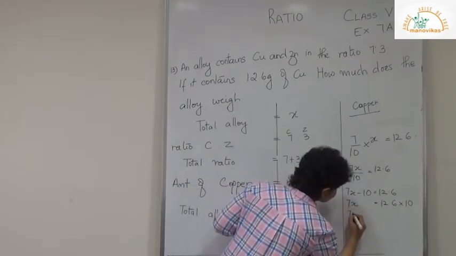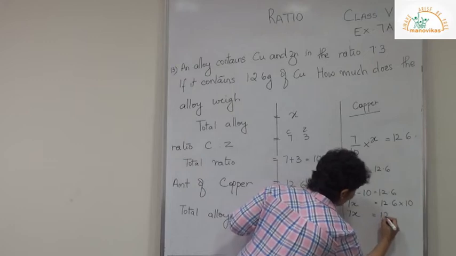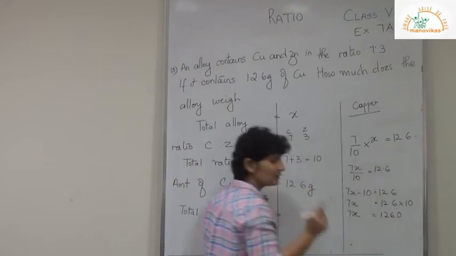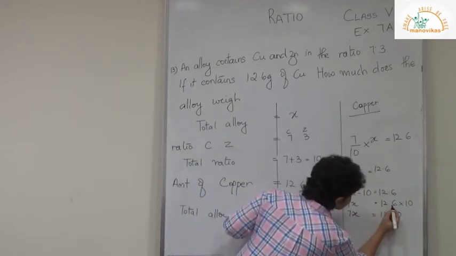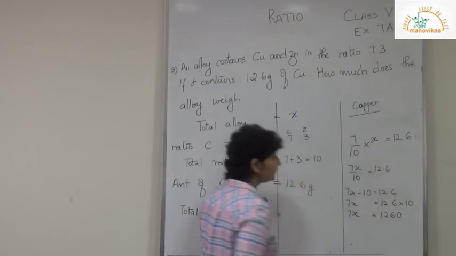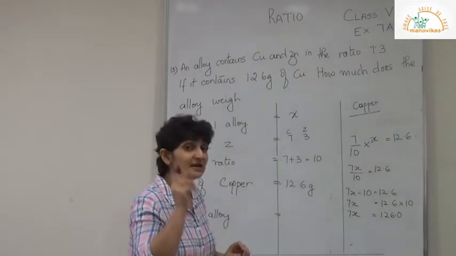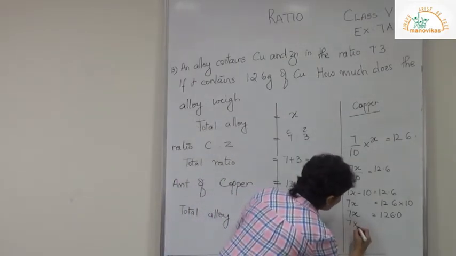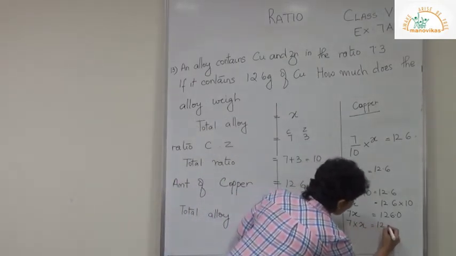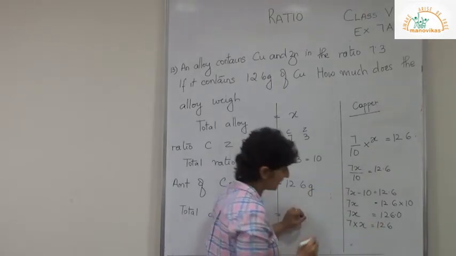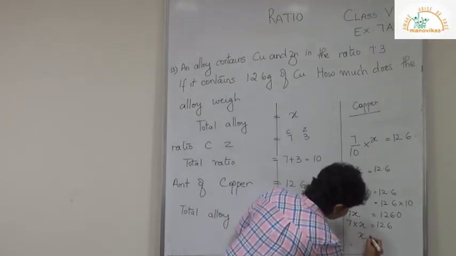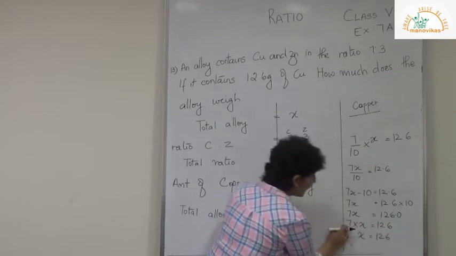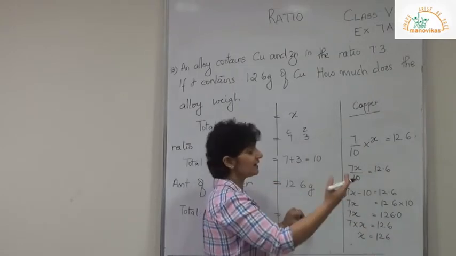So what do I get? 7x is equal to 126. Don't forget your decimal place. 7 into x is equal to 126. Correct? So x is equal to 126, when I bring the 7 to the other side, divide.